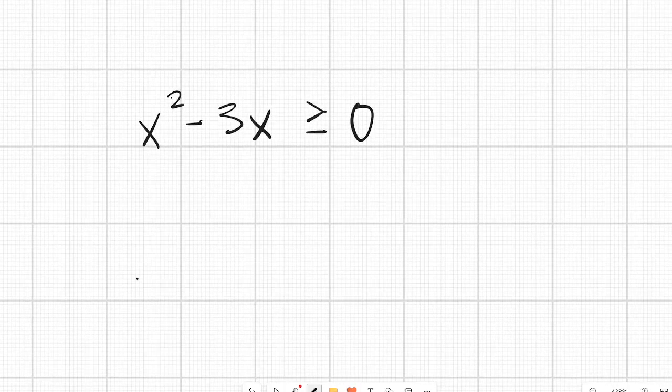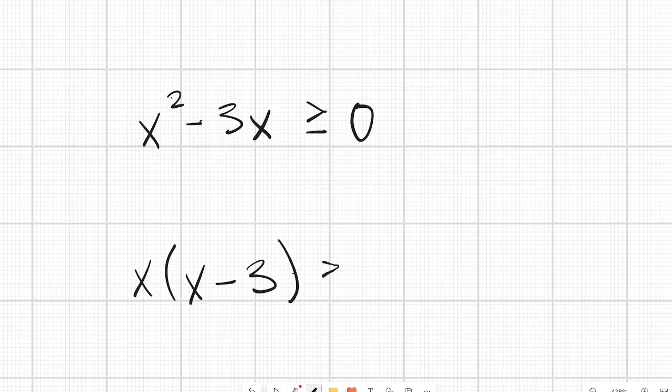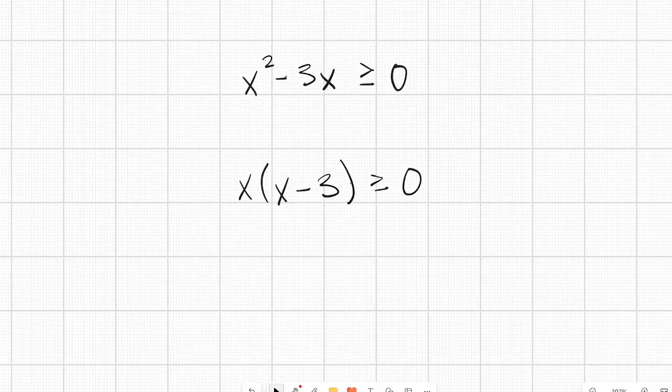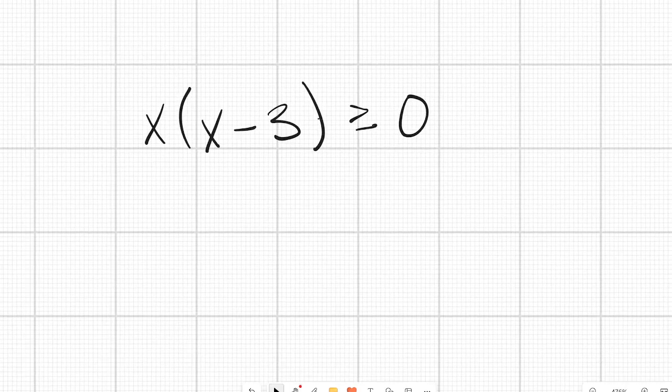Let's factor out the x first to get a better picture of where the zeros are for this expression. When I factor, I get my critical points. If this expression equals 0, then one of these factors has to be 0 as well.